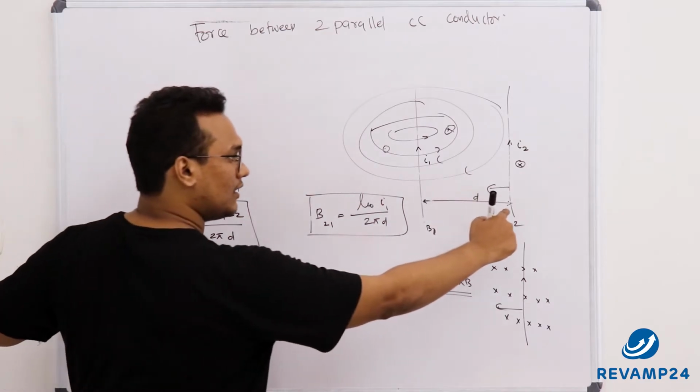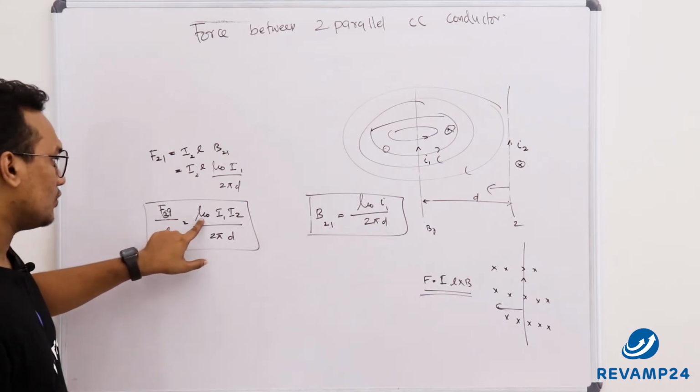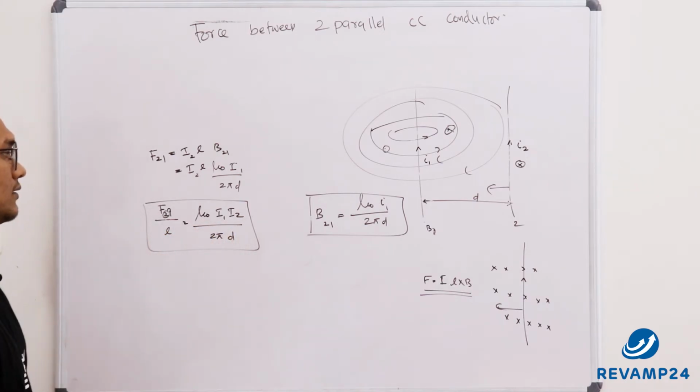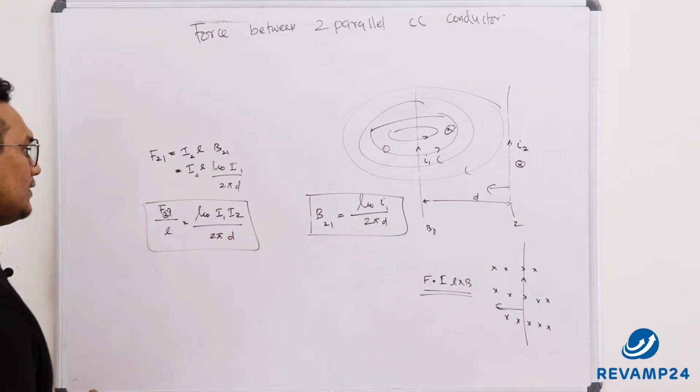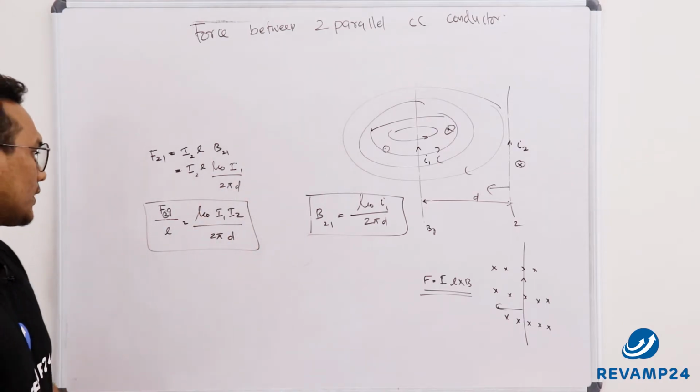So force exerted on 2 by 1 per unit length is equal to mu 0 into I1 I2 divided by 2 pi d, where d is the distance between them. This is force per unit length. This one is very important.